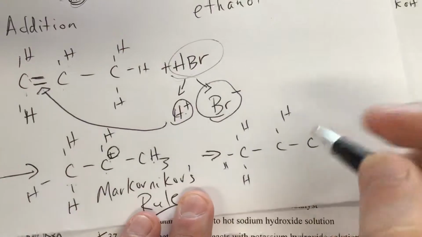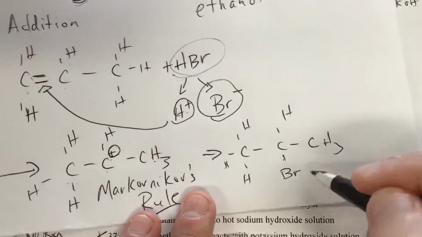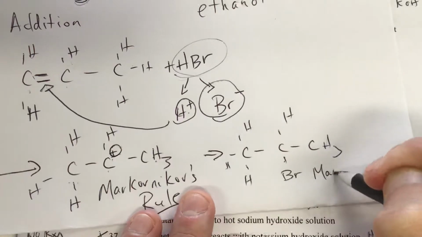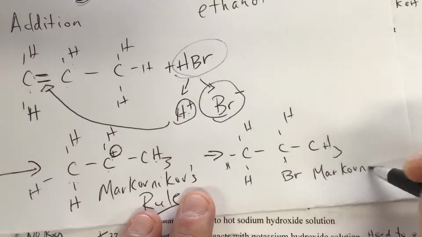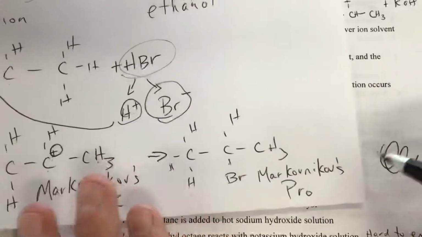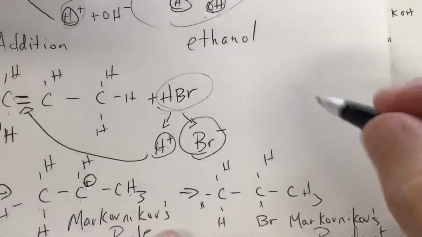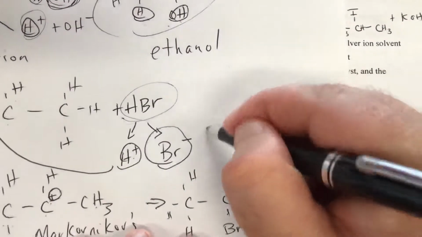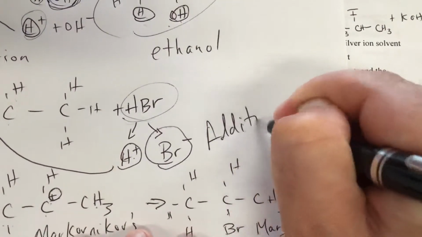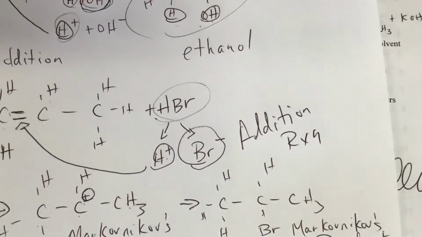This one has this, and then that bromine comes in and attaches to the carbocation like this. And this is technically what you can call the Markovnikov's product. Okay, what kind of reaction is this? This is an addition reaction as well.